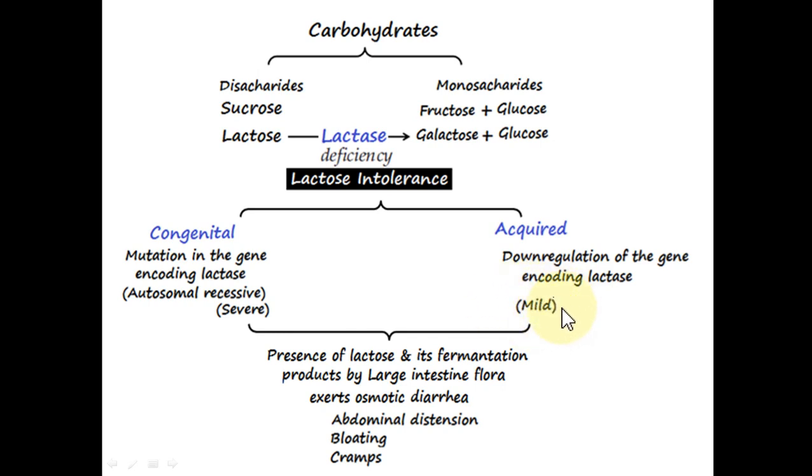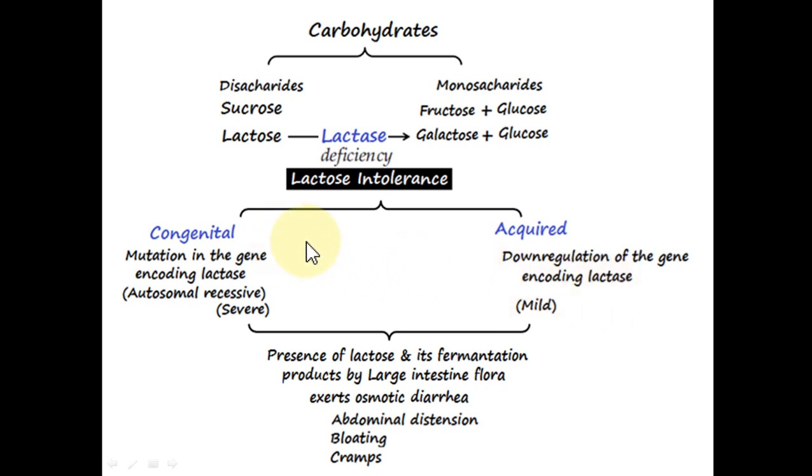Some people in some parts of the world take milk until their adult life, and milk is their major food. So in those people, the expression of the gene coding lactase is persistently expressed, and they are known to be lactase persistent.